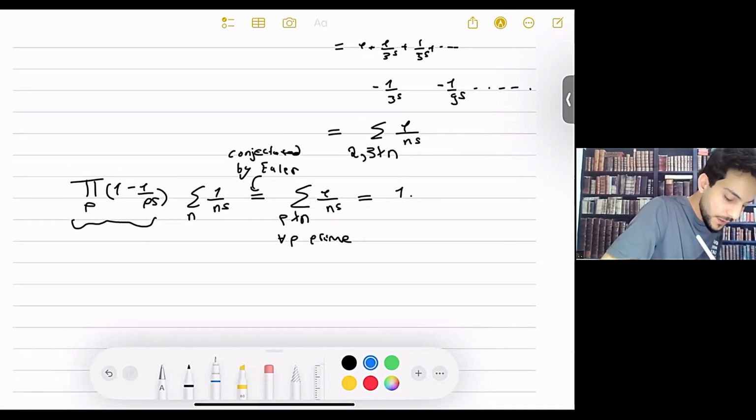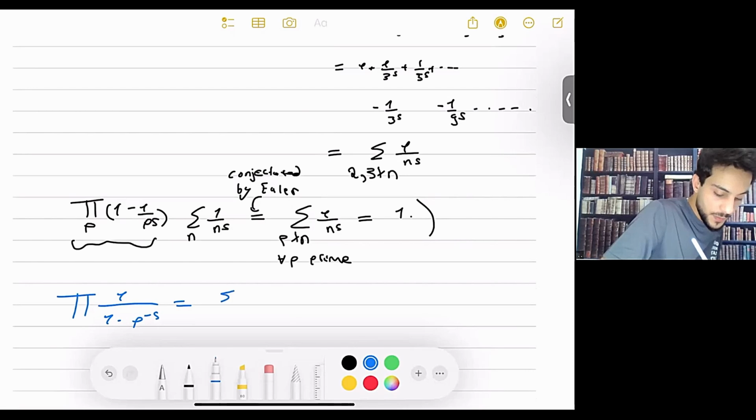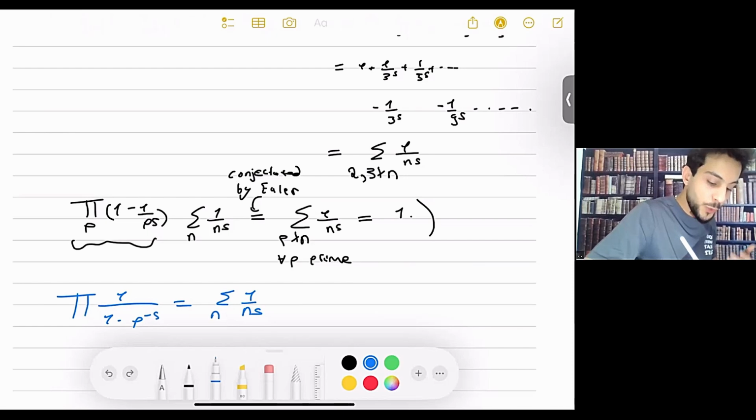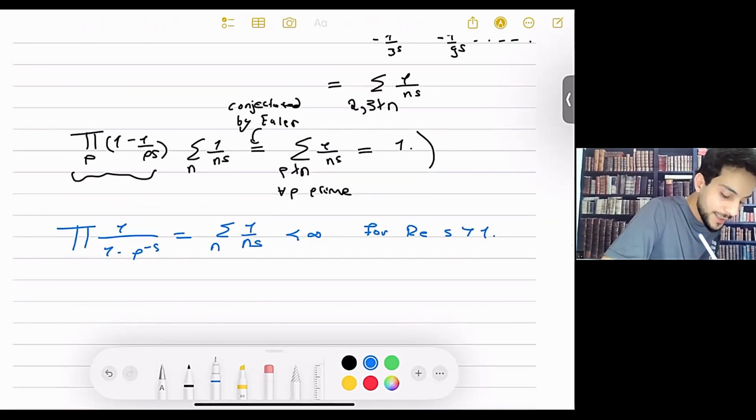So if we consider this product, which is the product of 1 over 1 minus p to the minus s, we notice that this is basically the sum, as we've just seen, which we know converges for the real part of s strictly bigger than 1. And we get that this product is actually an absolutely convergent product.